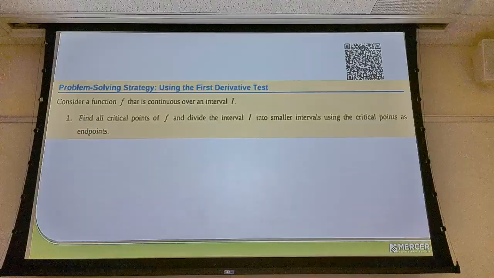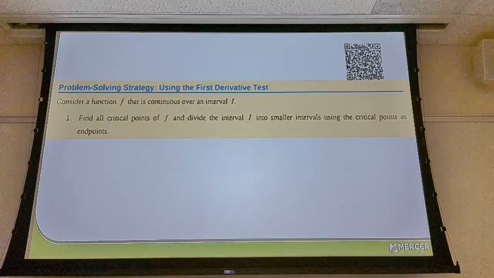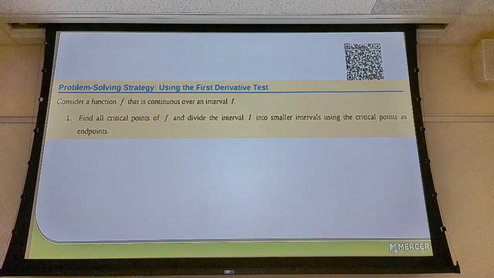You first want to find all the critical points, right? That means you have to take the derivative, determine where it is undefined, determine where it equals 0. Of all those values, determine which ones are interior, because those are your critical points.